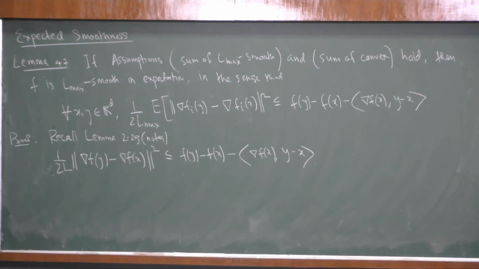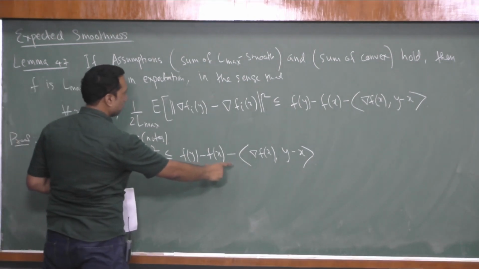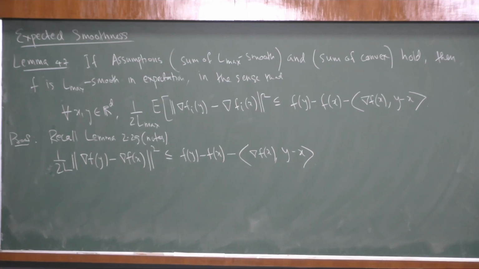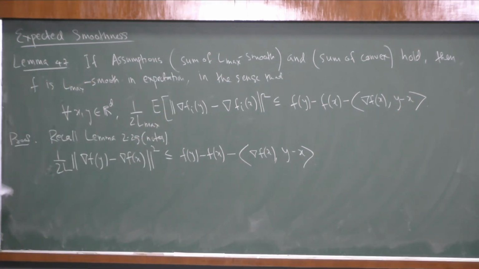So hence we have the result, because 1 by L max will be somewhere here, this is less than or equal to 1 by L_i, and then these terms are less than or equal to this, which is what we want. And to bring in the expectation, we may have to do the sum. So this is the plan. Each f_i is L smooth, so I will use this.